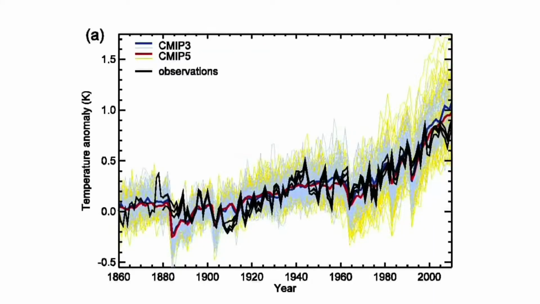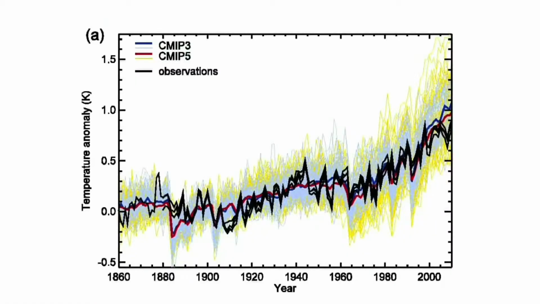There's one from about 1910 to 1940, and I think that warming is genuine. And then there's cooling, and then there's another warming episode from about 1975 onward, and that warming is problematic. I'm not sure it is genuine.